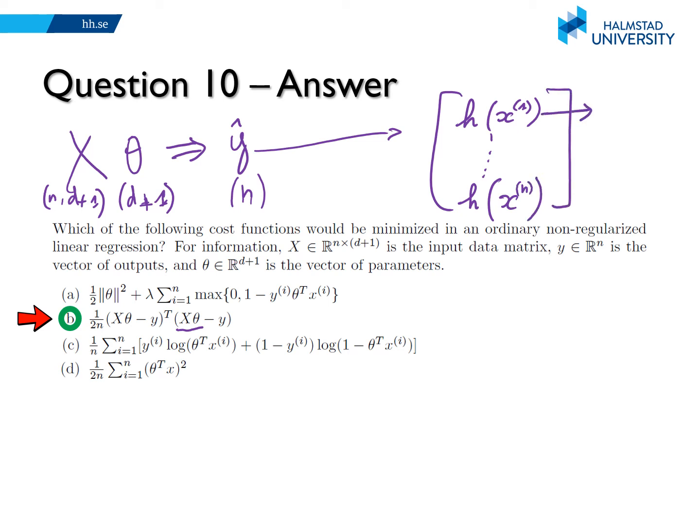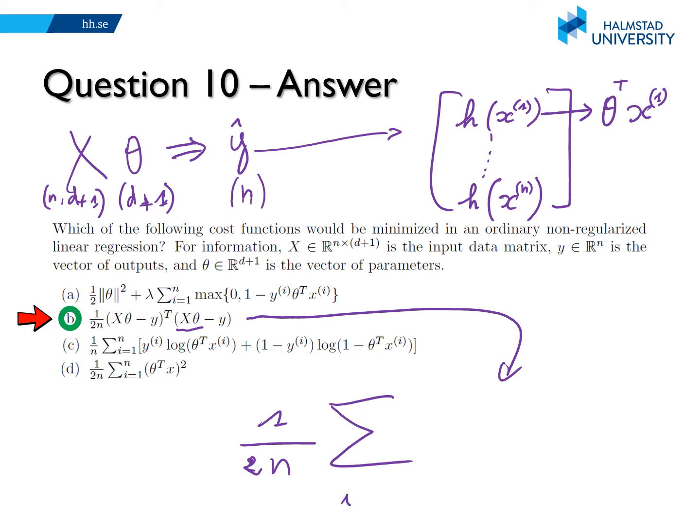Because if you take this one, this prediction is just theta transpose x1. So this cost here can be written in another way. So you have 1 over n or 2n, the sum over all the data points of theta transpose x, or x transpose theta, or xi, minus yi.